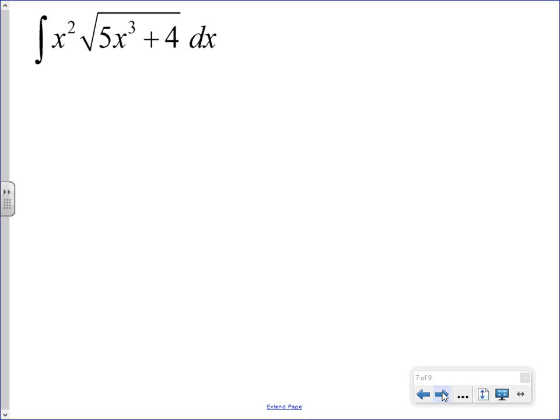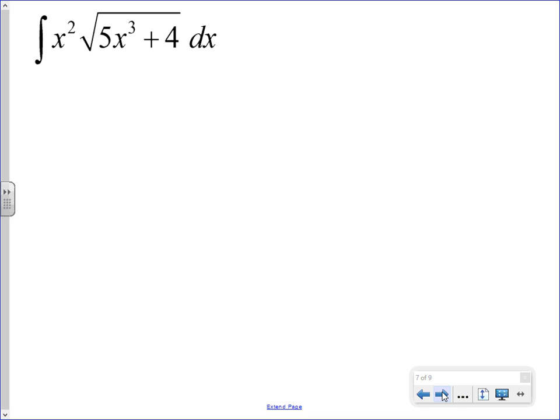Okay, so we notice that this is a composition. There's a cubic function inside of the radical. That's our composition. Now, we have a cubic function on the inside. What kind of function is being multiplied on the outside? Squared. So we have an x cubed inside and an x squared outside. Is that at least a nice relationship?